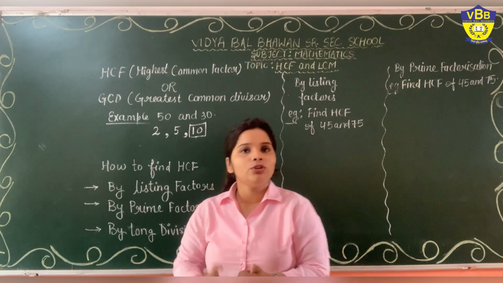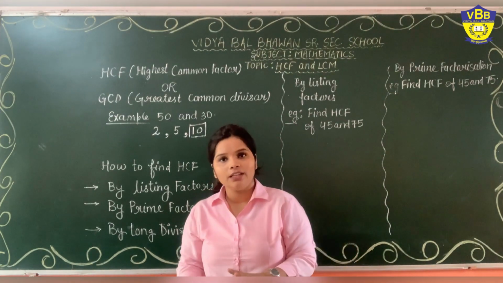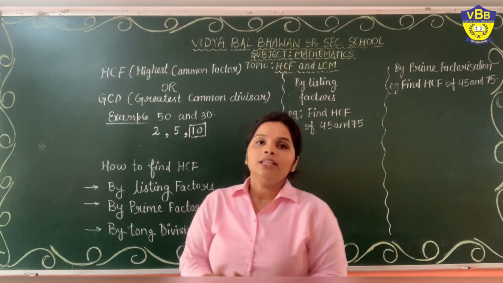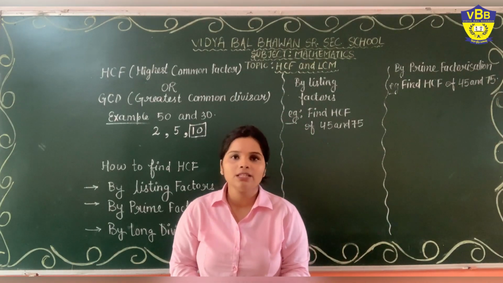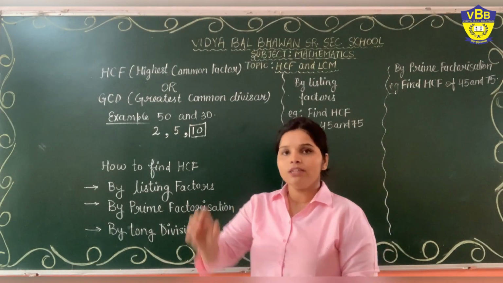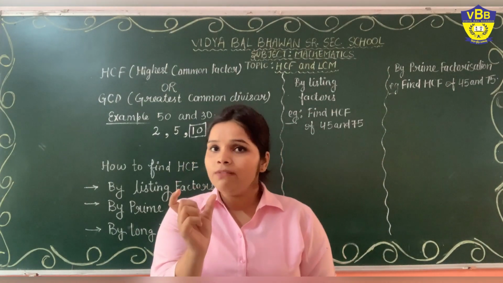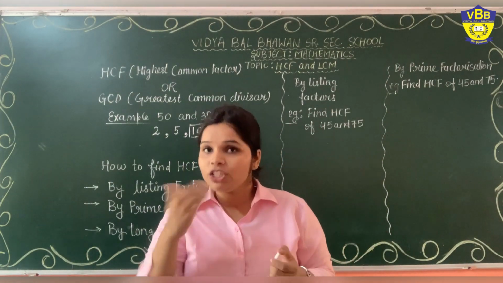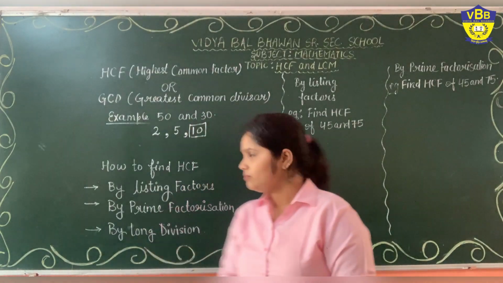You just have to list the factors and then find the common factors of the numbers, as we did in the previous video on finding common factors and common multiples. After finding the common factors of the given numbers, the greatest one among those common factors will be the HCF.